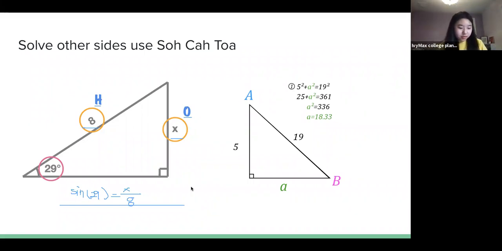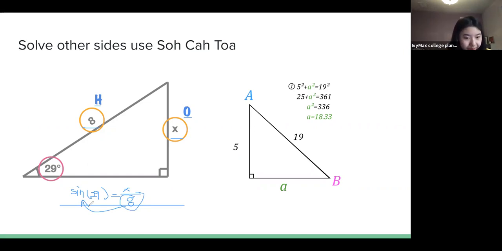Okay, so basically it's the same thing as you do with fractions, like dividing or multiplying. So you multiply 8 to this side. Right now you will use your calculator to calculate that.